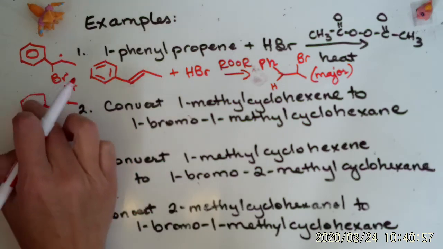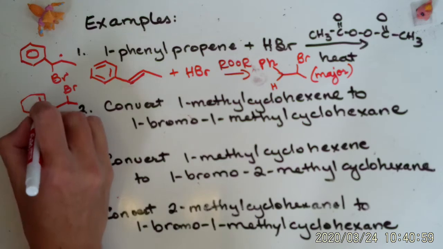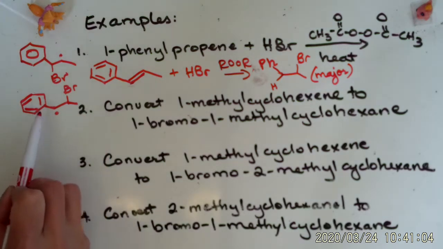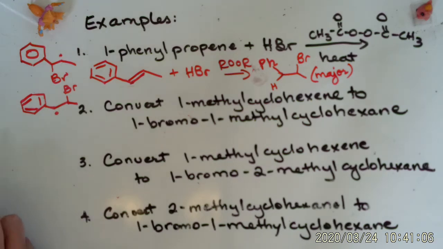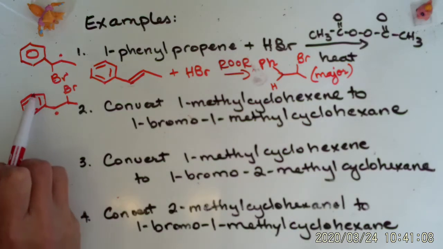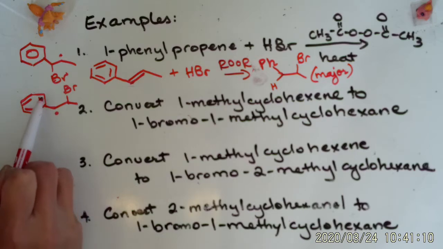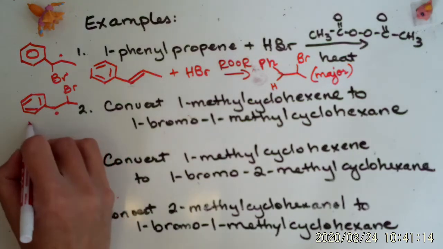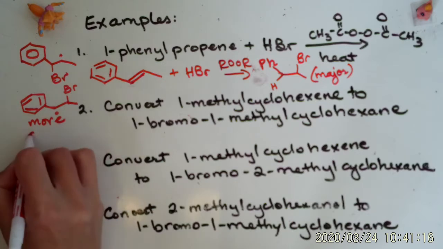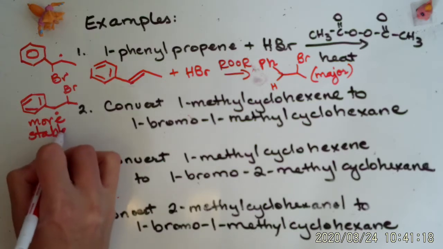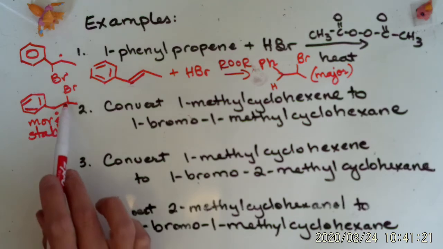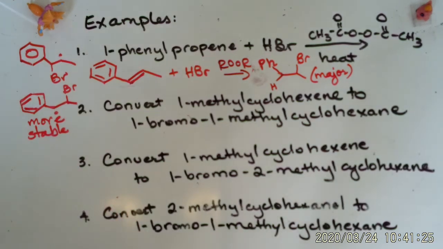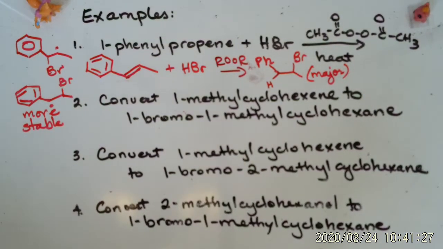And with this, if I draw in all the alternating double bonds in my aromatic ring, we've worked on resonance since the beginning of the semester, and you can see that this radical gets distributed. There's a pathway across this aromatic ring. So this is more stable. So we know that this is going to form. That'll be my product. I'll have a hydrogen there. Okay, so that's how we handle the first one.